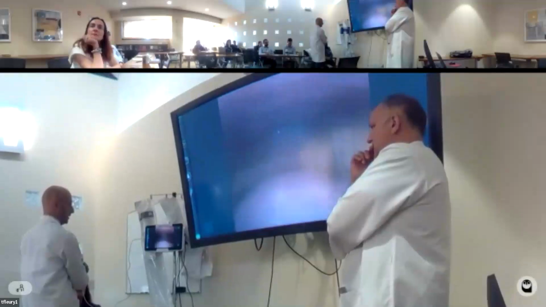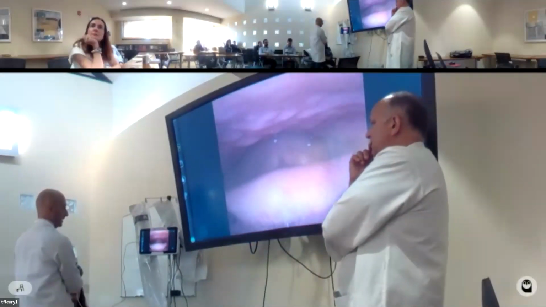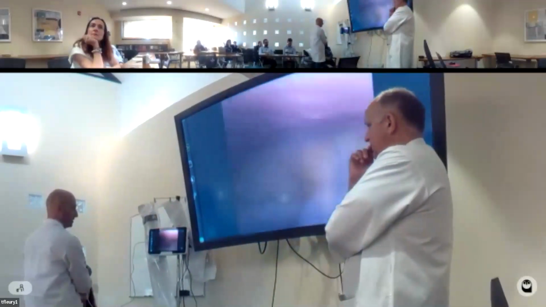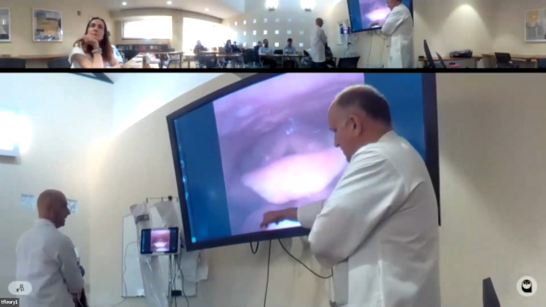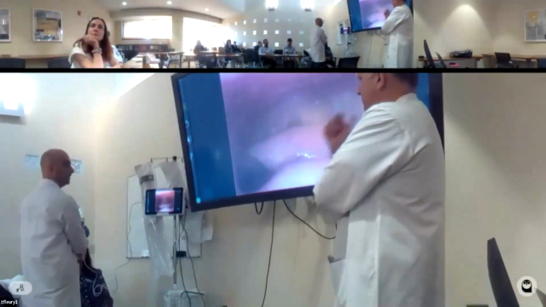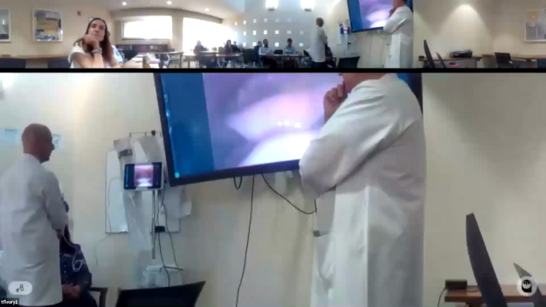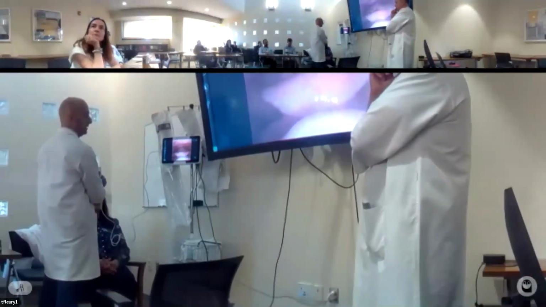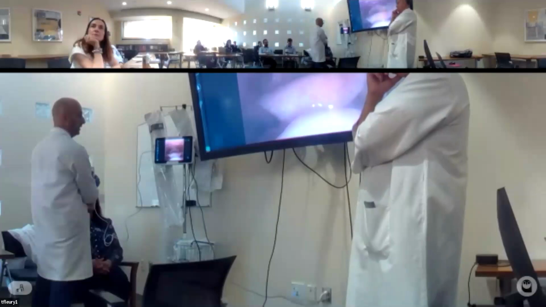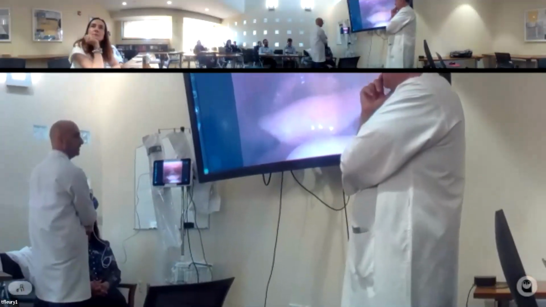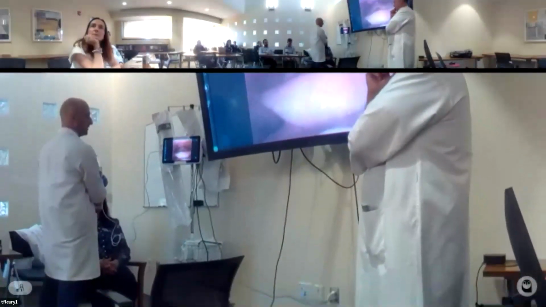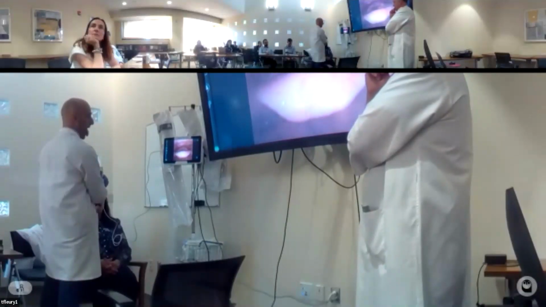Now I'll go down a little bit, and I can see the tongue base, the oropharynx, and the glottis. Here I'll usually describe how much I can see of the vocal cords in natural position, and I'm seeing really just the posterior part of it. Okay, so I'll have you stick your tongue out.